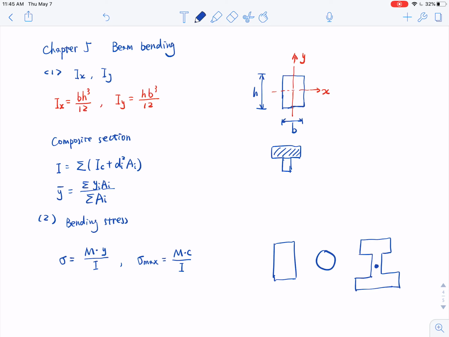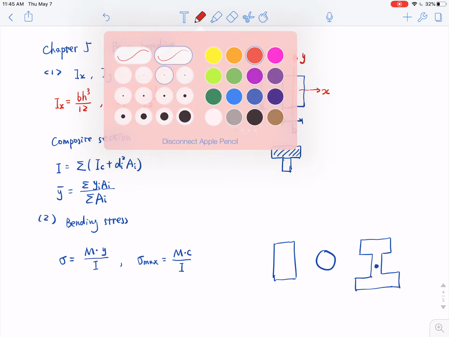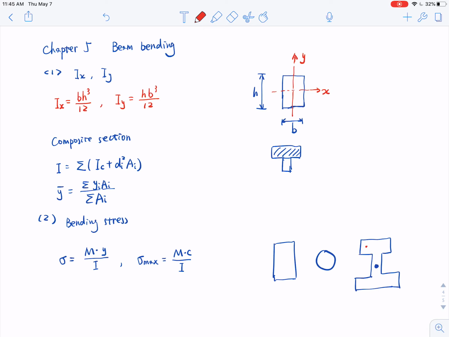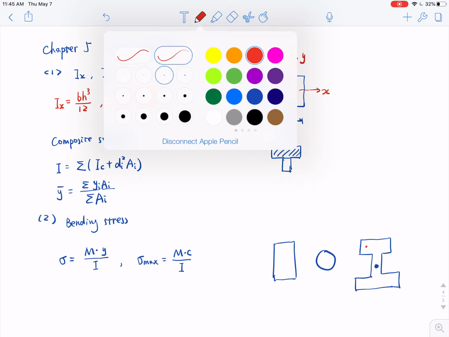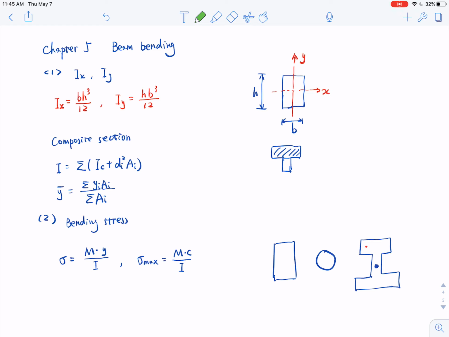Then for a point of concern, let's see here, right? So you just need to determine the y value in this way, right? So this is a y value to be used here in this equation, right? For the calculation.